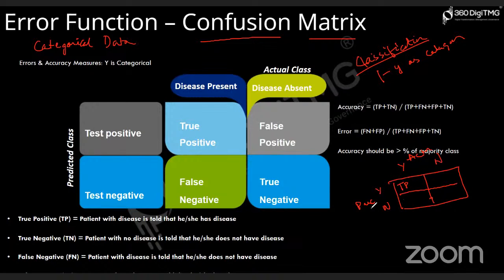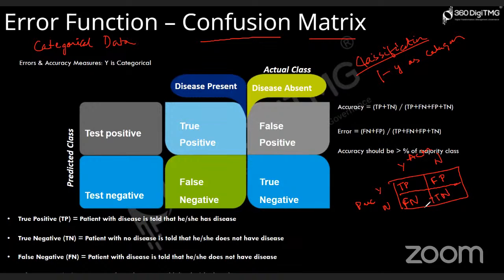If our predicted is yes, and actually the classification value is no, we call this false positive. When predicted is positive but actual is no, that is false positive. Again, if the predicted is no and actual is yes, we are predicting that it is not there, but actually it is there. This will be false negative. Next, if we have a predicted value no and the actual value is also no, these are true negatives.